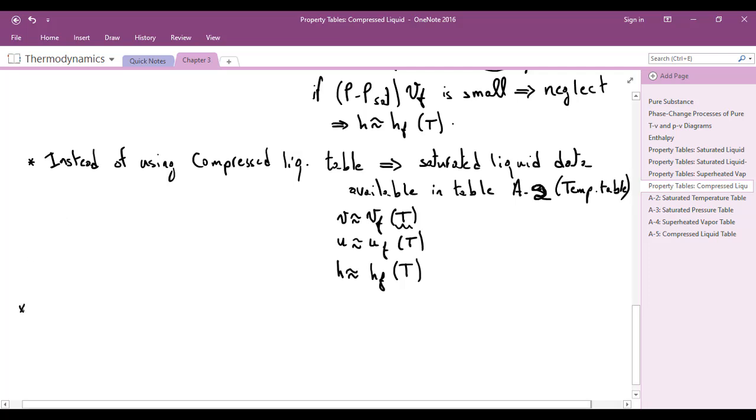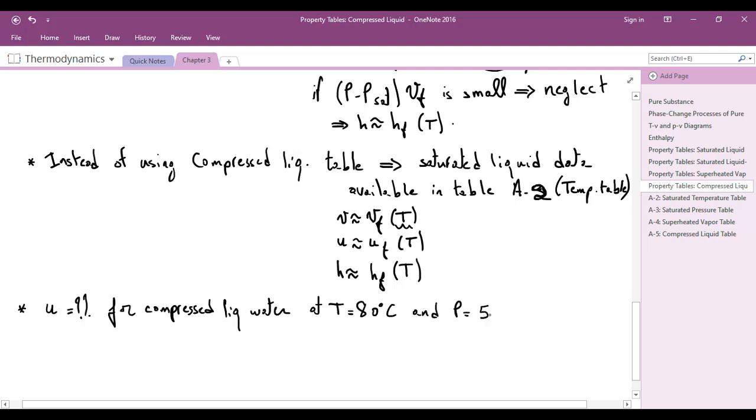Let's say we want to determine the internal energy U for compressed liquid water at a temperature of 80 degrees Celsius and a pressure of 5 megapascal.